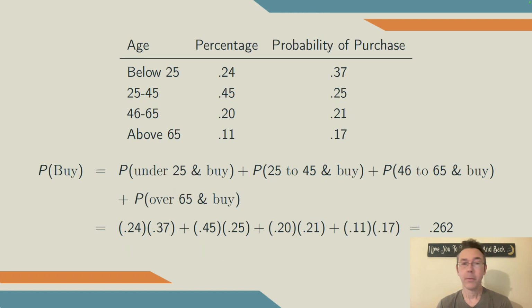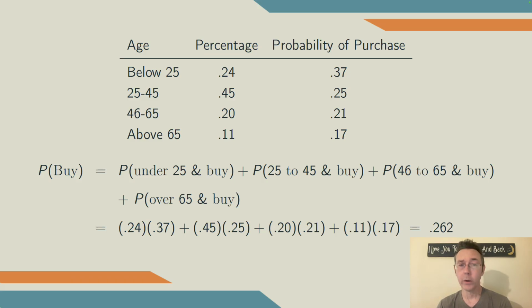In particular, the probability that they make a purchase can be broken down into four pieces. The probability that they're under 25 and buy, the probability that they're 25 to 45 and buy, etc. All of the events listed in those parentheses are disjoint, so these probabilities add directly.